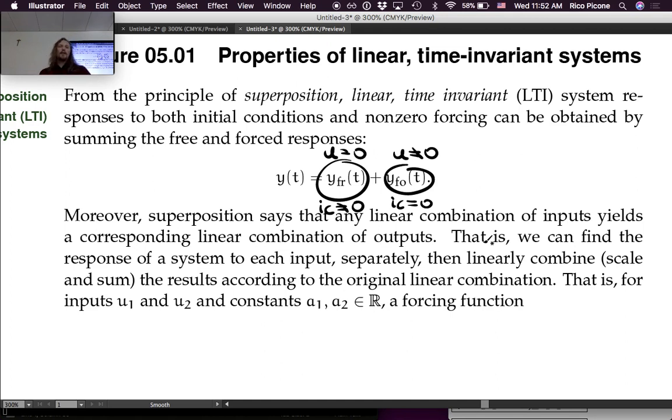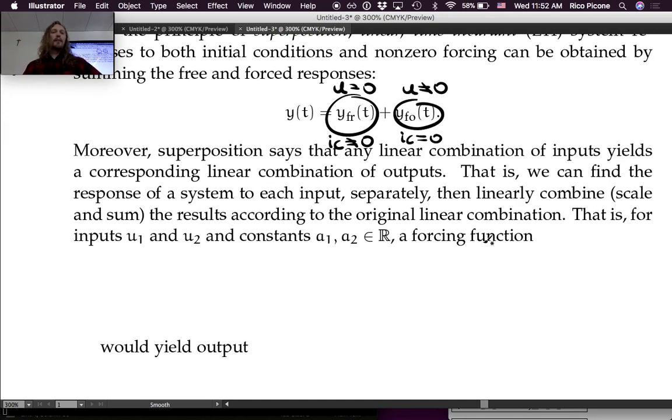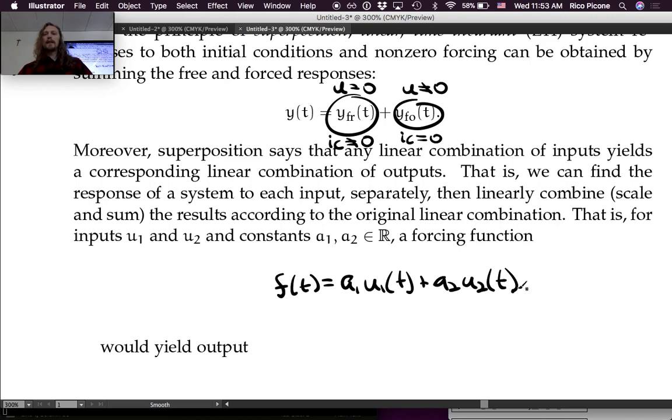That is, mathematically, for inputs u1 and u2 and constants a1 and a2, a forcing function, f of t. So remember what the forcing function is. It's the right-hand side of the input-output differential equation, right? The forcing function is a1 u1 plus a2 u2. So let's say this was your forcing function.